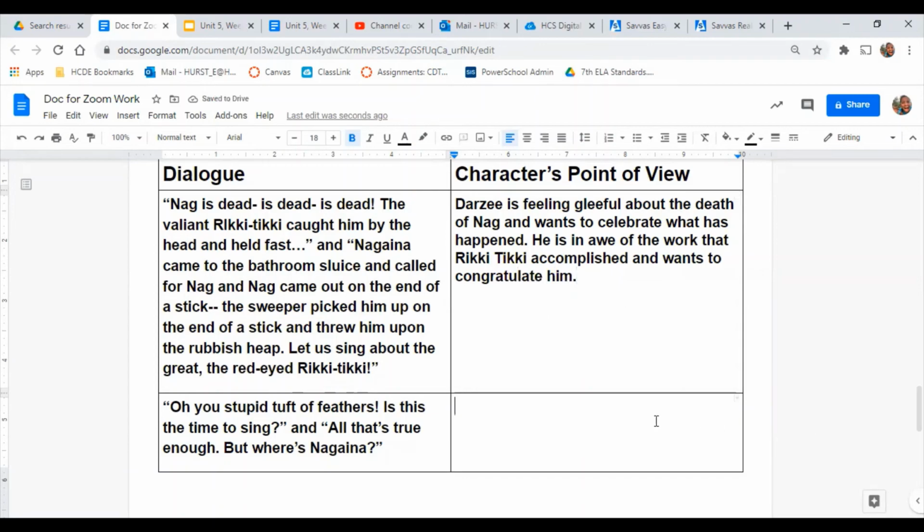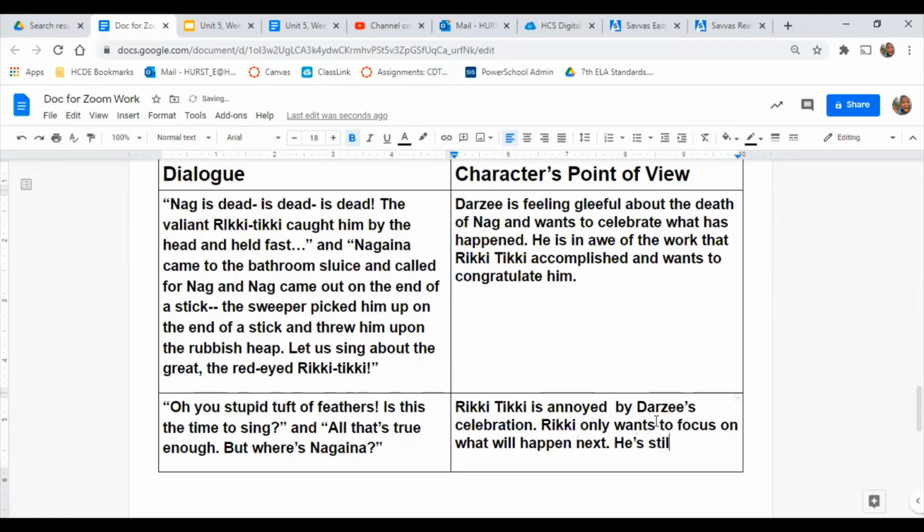On the other hand, it looks like Rikki Tikki is annoyed again by Darzee's celebration. It's like, stop celebrating. Rikki only wants to focus on what will happen next, and he's still afraid that Nagaina will have some kind of revenge.